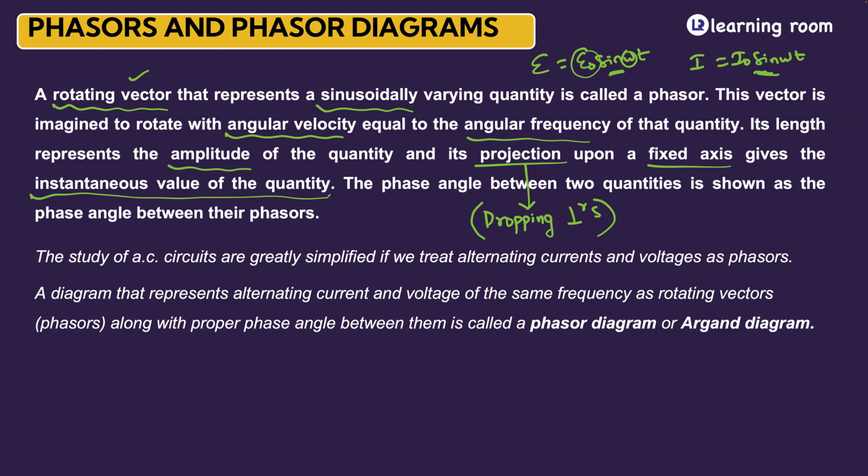Current. So the phasor diagram is mainly used to represent the relation between the input you give and how the output is generated. So the phase angle between the two quantities, EMF and current, is shown as the phase angle between their phasors.